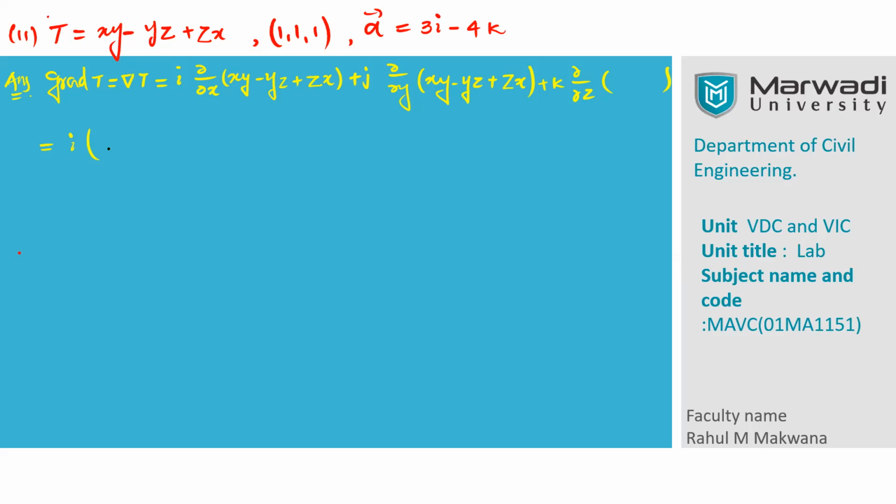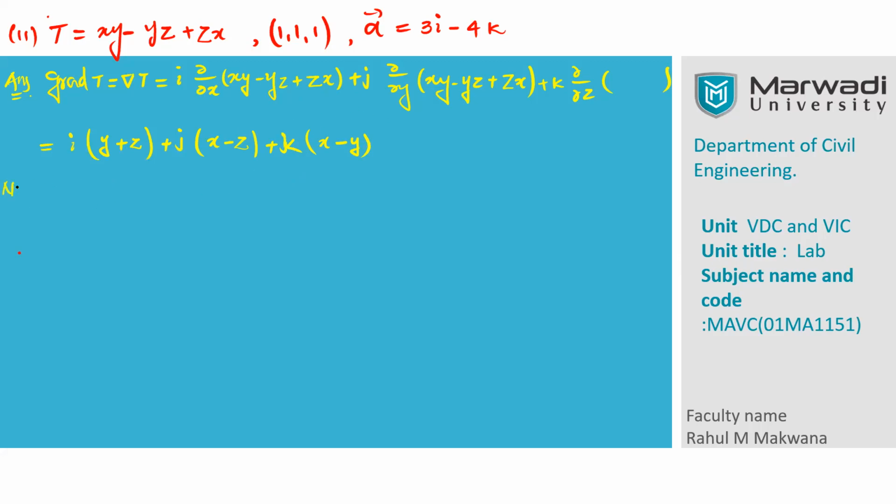Partial with respect to x will be y plus z. Partial with respect to y will be x minus z. And partial with respect to z is x minus y.